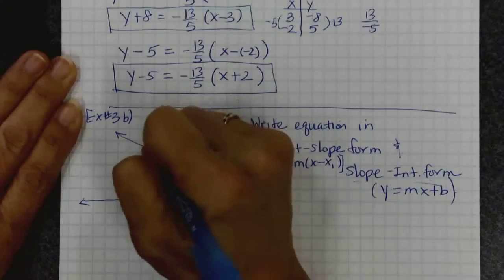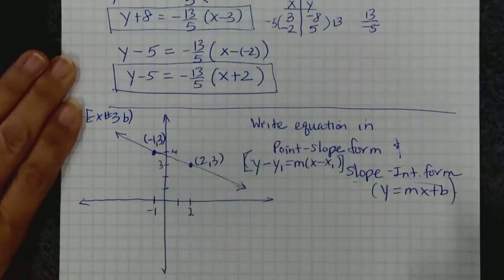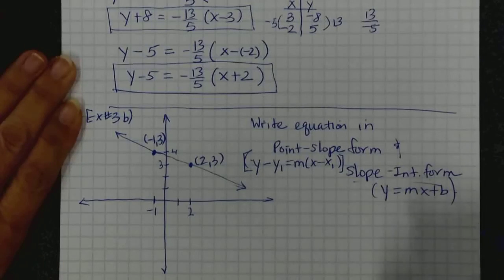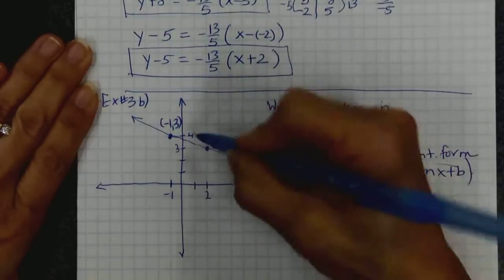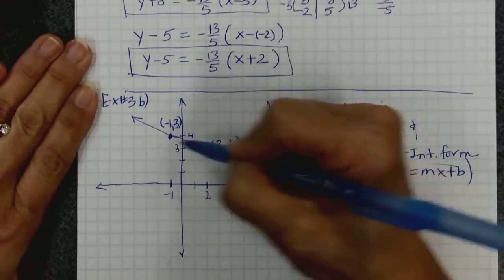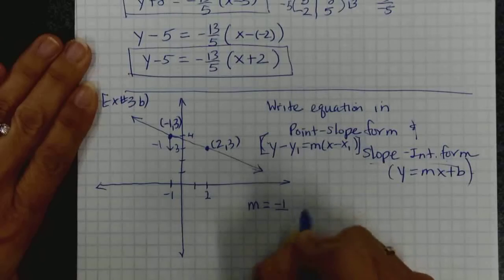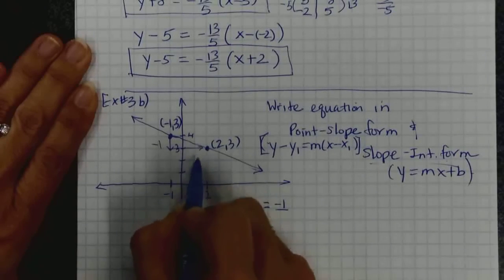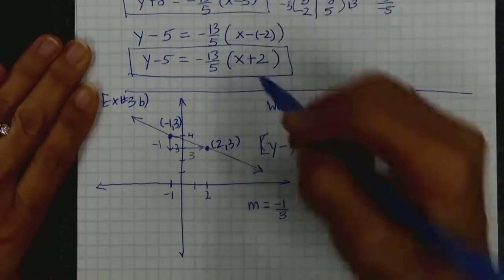The first one is, I got a point at -1, 4, and I got a 2, 3. So to write the equation, first of all, I need the slope. So m equals, and I'm going to go from this point to this point. That means I'm going to go down 1, which is -1, rise over run, and then I go over to the right 3, so the slope is -1 over 3.